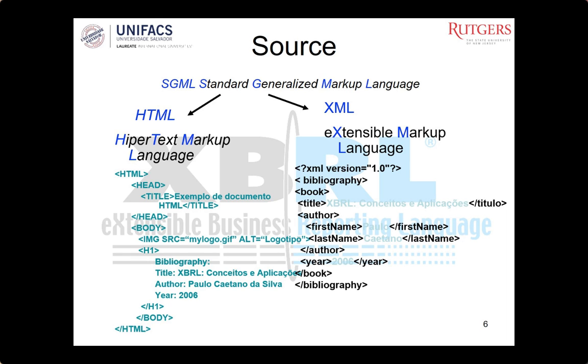So based on XML, I can build language vocabularies for each domain. Based on XML we have ChemicalML, MathML, XBRL, NewsML, HealthML, language vocabularies for each domain of human knowledge.